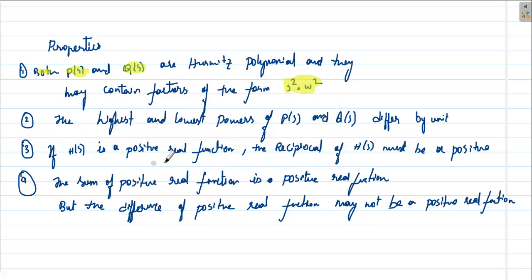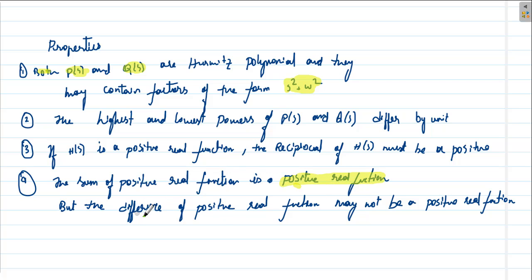If h of s is a positive real function, then the reciprocal of h of s must also be a positive real function. And the sum of positive real functions is a positive real function. That means if two positive real functions are added, the result is also a positive real function.